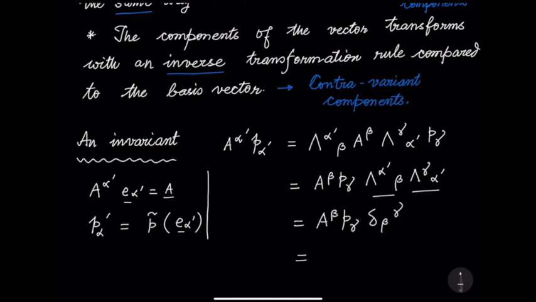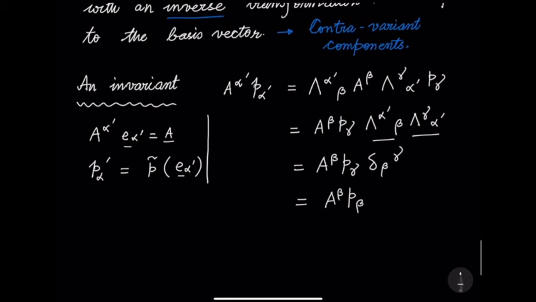And once you do the sum over, let's say, gamma, only gamma equals beta survives. So this is A beta P beta. So see, this is form invariant.